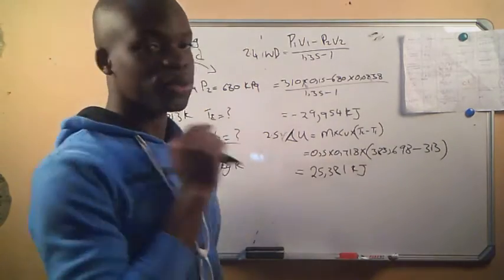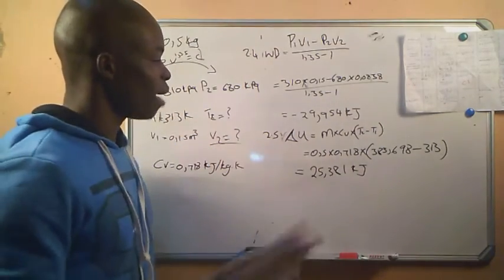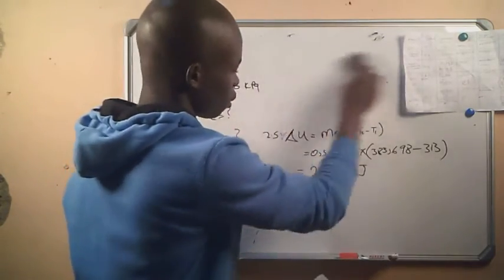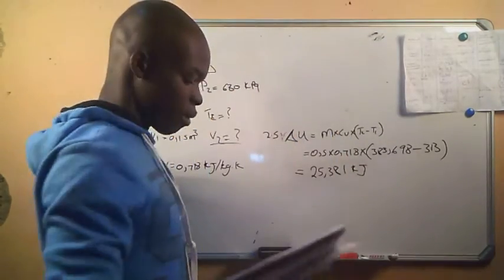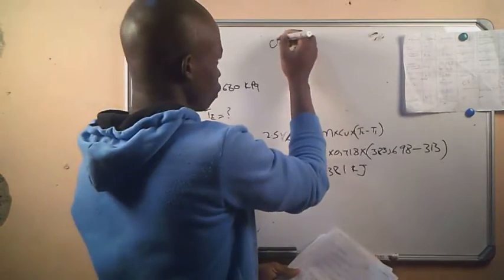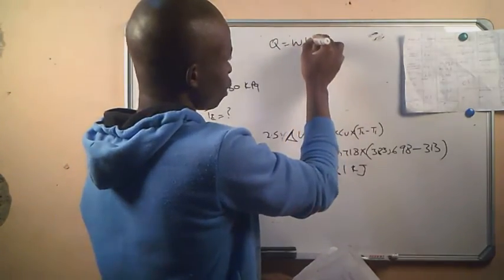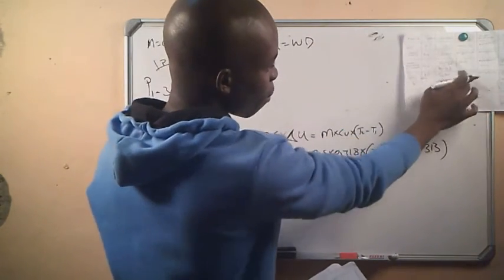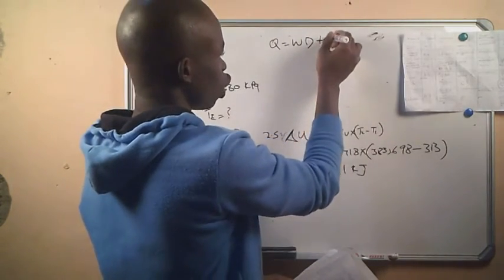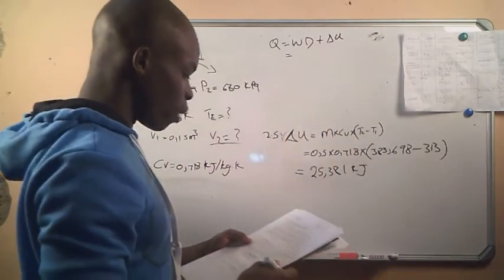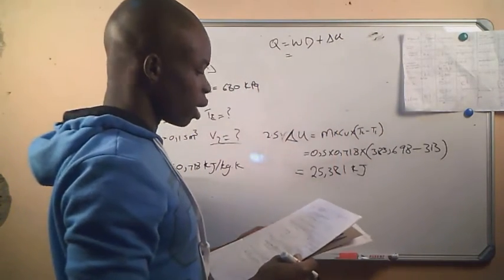But let's calculate to make sure that what I am saying is correct. Let's erase this, and then we say the value of Q. Our Q is given by work done, which I got from my table, plus change in internal energy. Now we have calculated work done.